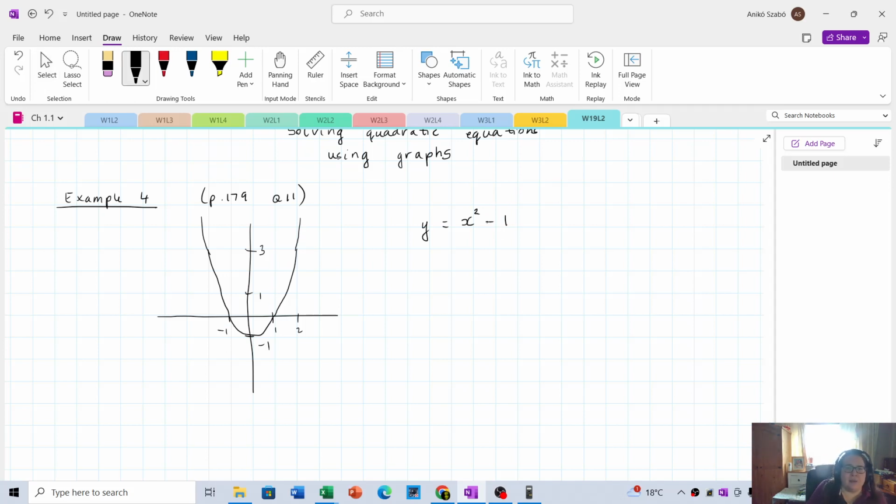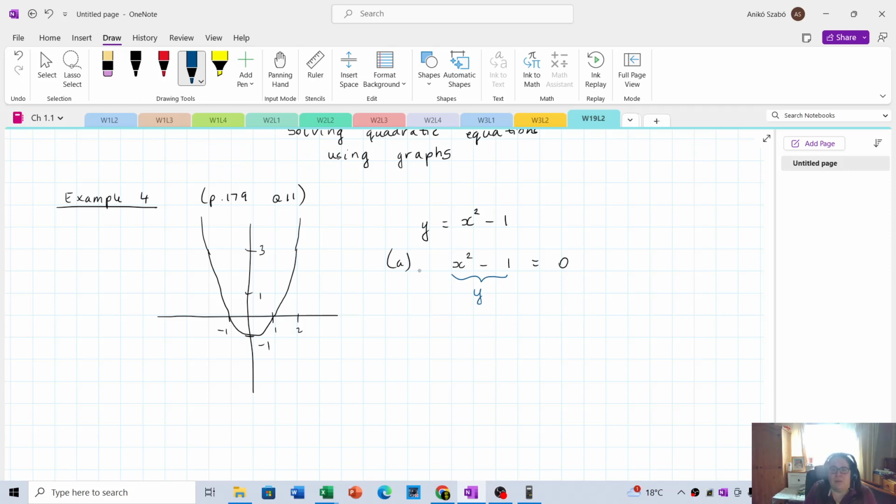It says use this graph to solve the equation x squared take away 1 equals 0. Now we could solve this without the graph, but it says use the graph. So on the left hand side, this is our y, because y equals x squared take away 1.